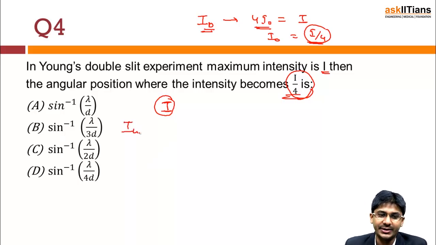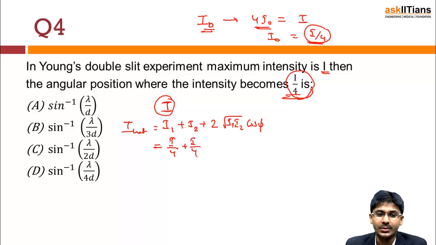The formula that we have for net intensity is I1 plus I2 plus twice root over I1 I2 cos phi, right? So now if we write this, this is I by 4 plus I by 4 plus 2 times root over I by 4 into I by 4 into cos phi, and it is given that the net is I by 4, right?